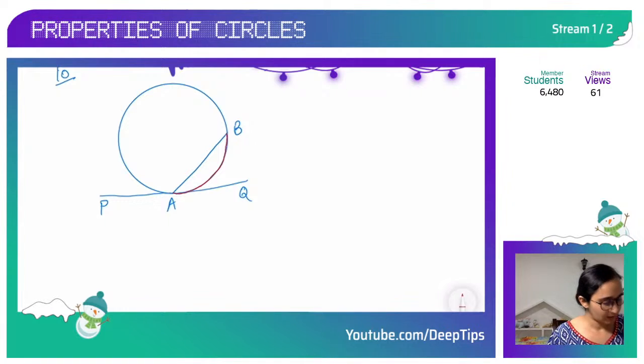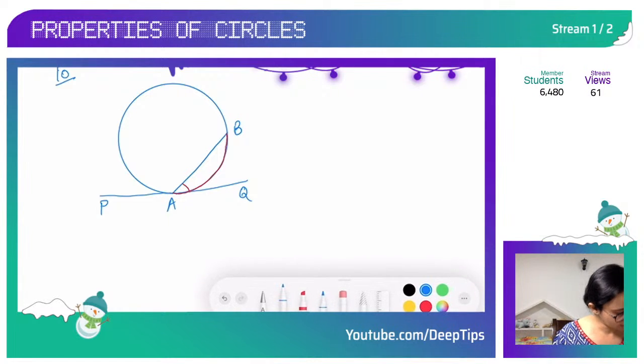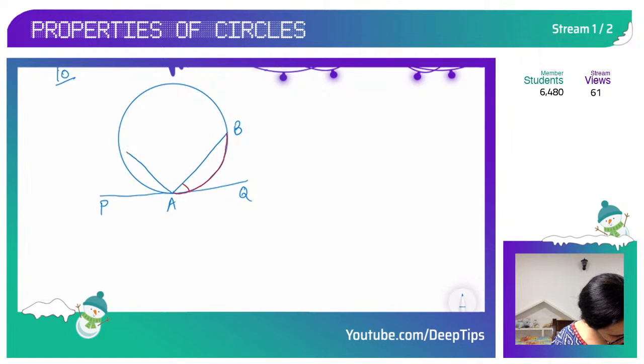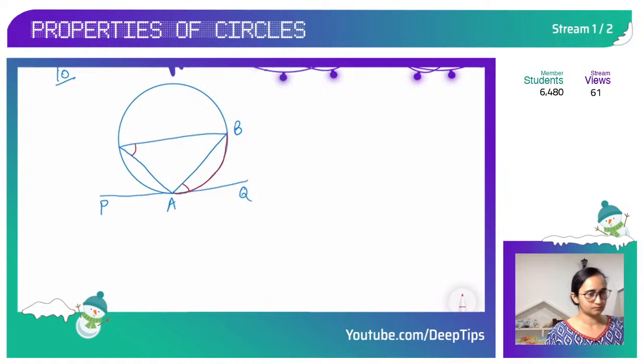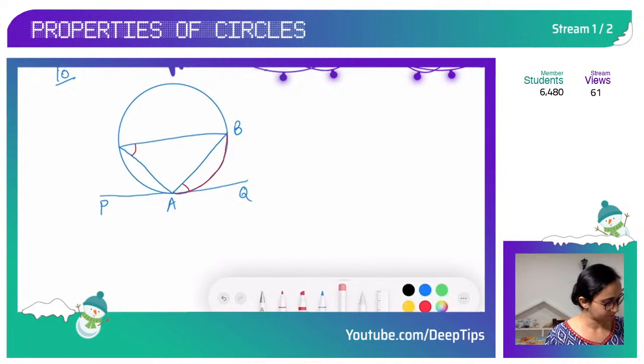So suppose I have one angle here, this angle BAQ, then the angle formed in the alternate segment will be equal to this angle. So BAQ should be equal to angle ACB.